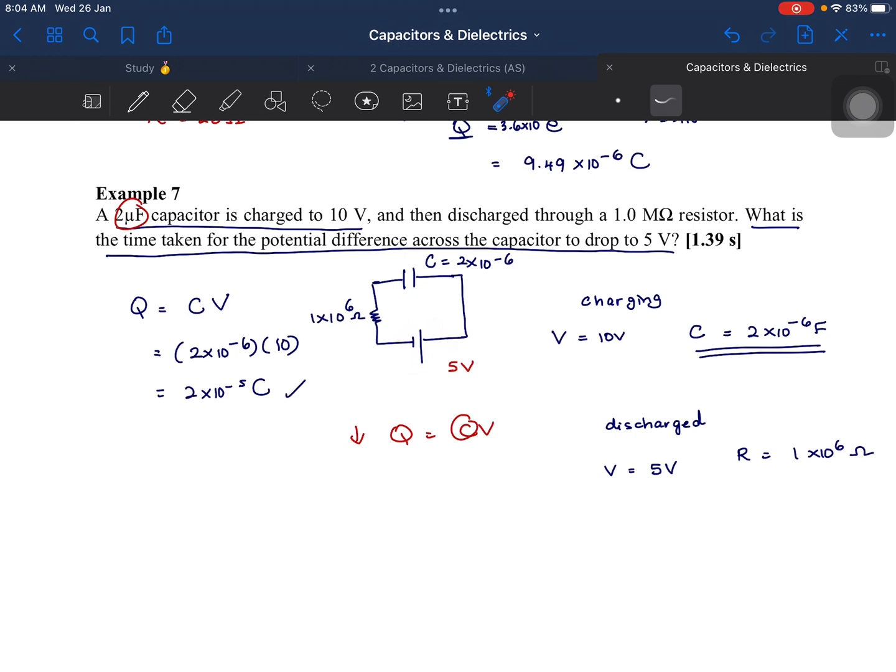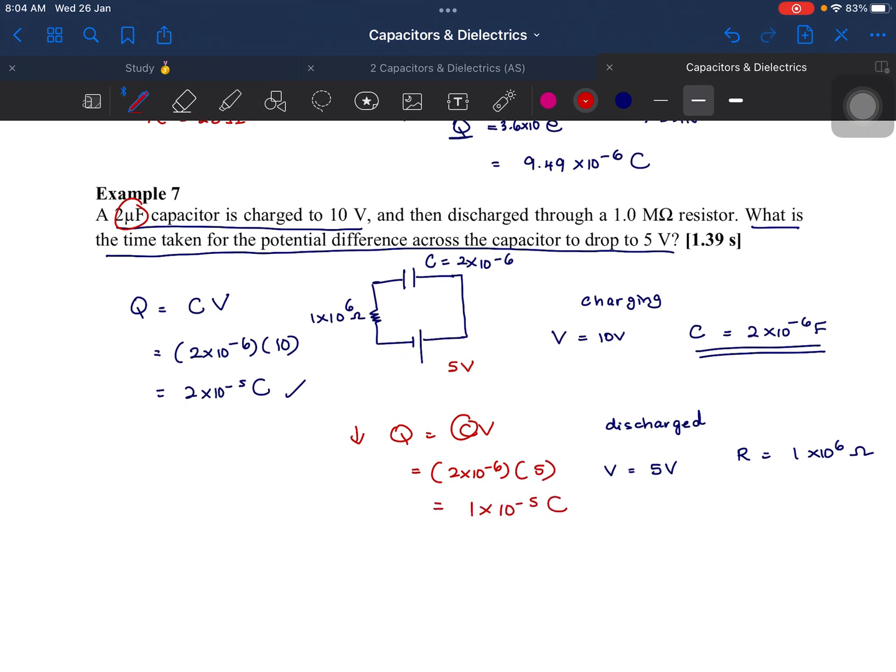Boleh jadi kita bagi 10 ke 5 ke kan. So, dia pula bagi charge. So, charge tu akan berubah ikut voltage kita lah ataupun power supply kita kan. Okay. So, bila dia dah turunkan kepada 5 volt, so obviously kamu punya charge akan berkurang lah. Okay. So, kamu pun kira lah charge kamu kan. 2 × 10⁻⁶. So, V adalah 5 je sekarang. So, ni adalah 1 × 10⁻⁵.